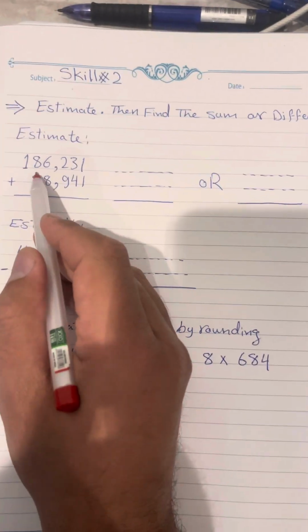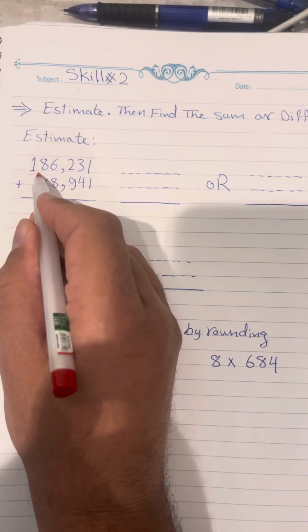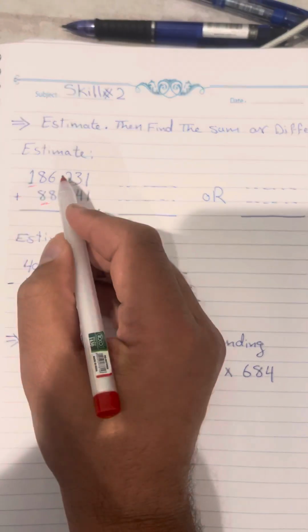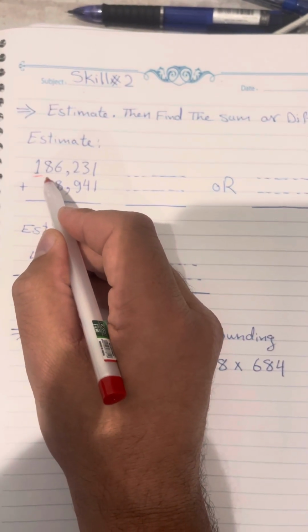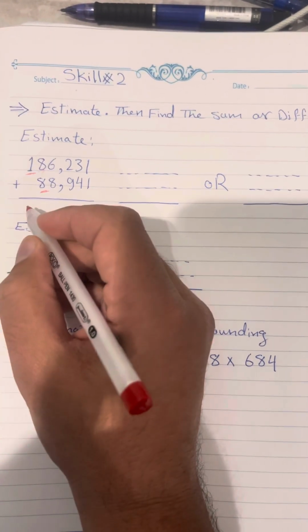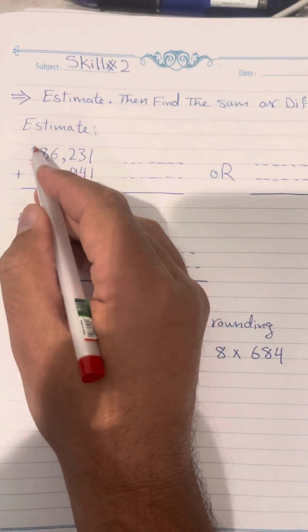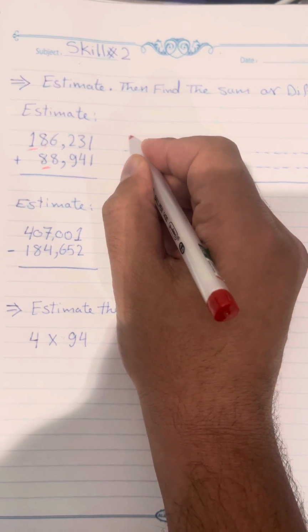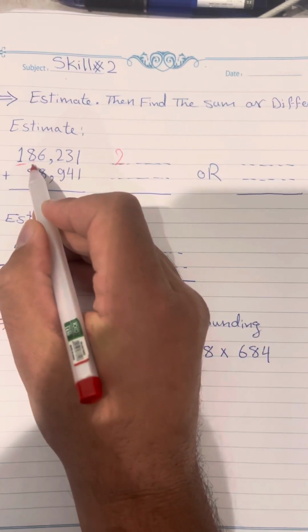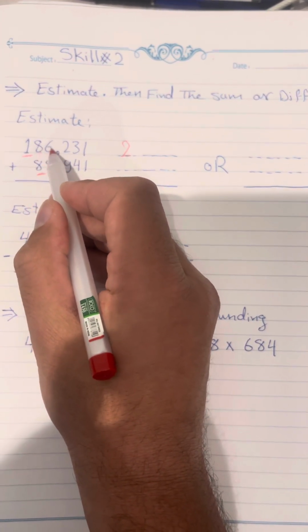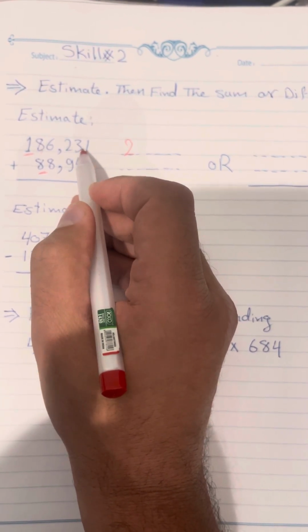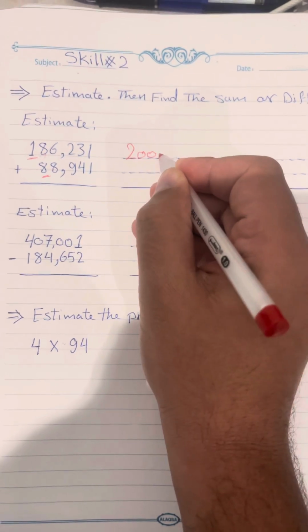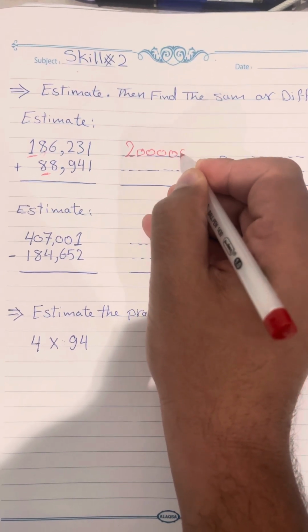So I'm just going to underline here 1, and here 8. What is after 1? It is 8. 8 is more than 5, so I have to add 1 to the 1, so it will be 2. Are you following? So the rest of the digits, 1, 2, 3, 4, 5, so how many zeros? 1, 2, 3, 4, 5.